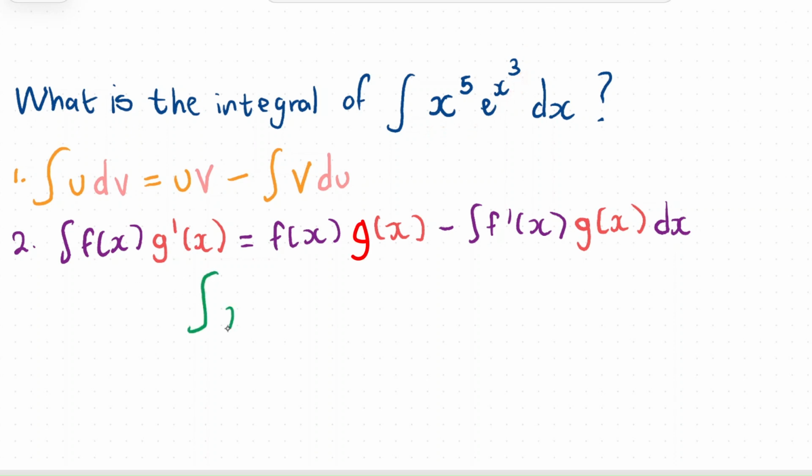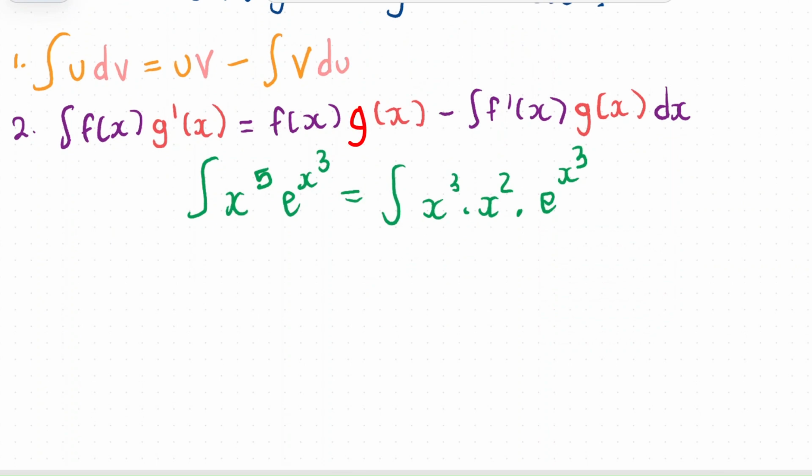Let's just rewrite: the integral of x to the power of 5 times e to the power of x cubed is just going to be equal to the integral of x cubed times x squared times e to the power of x cubed. All right, and so now the second part of finding this integral is to choose our variables.